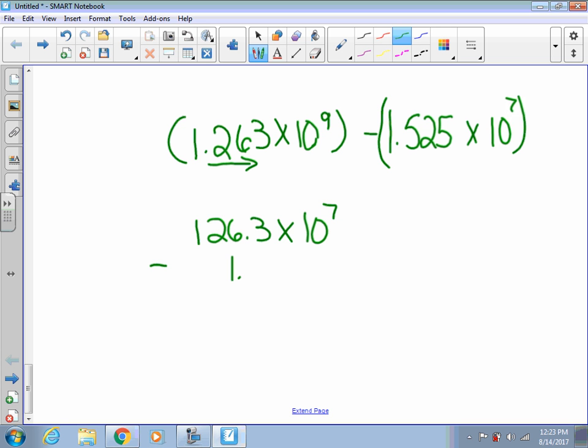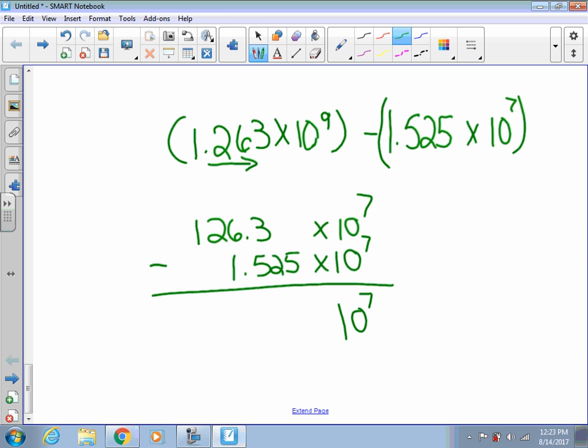1.525 times 10 to the 7. But then again, I have 3 numbers to the left of the decimal, and I'm going to need to move it over so that I don't have 3 numbers.